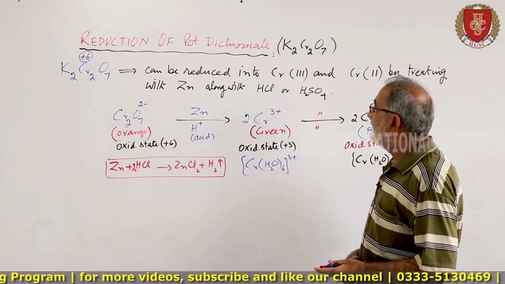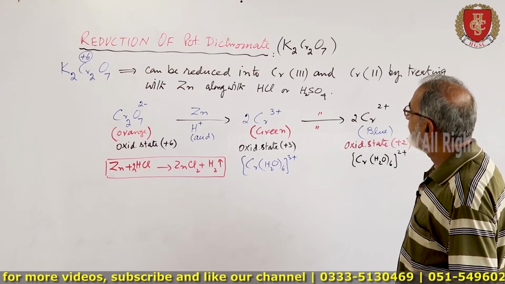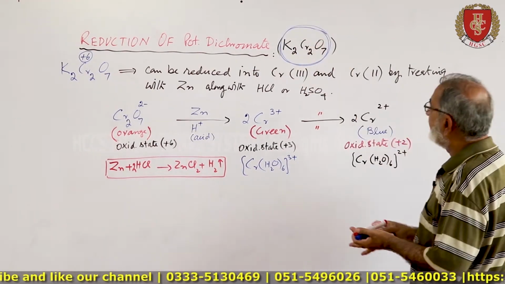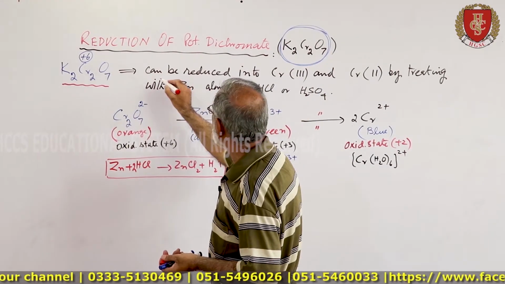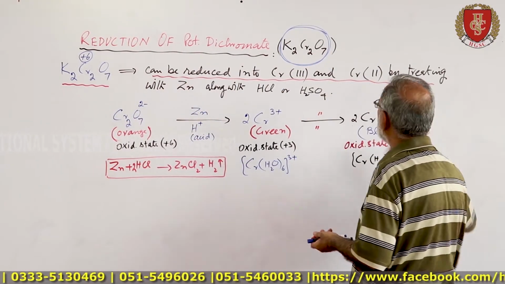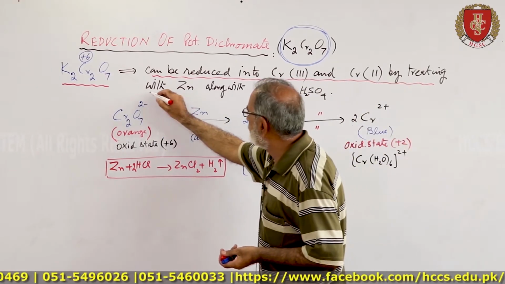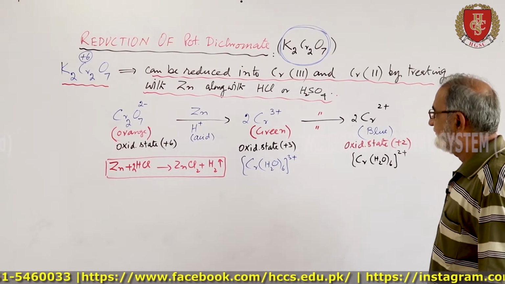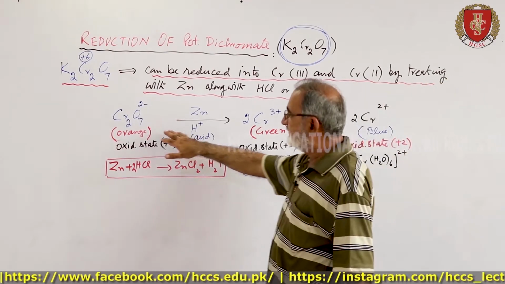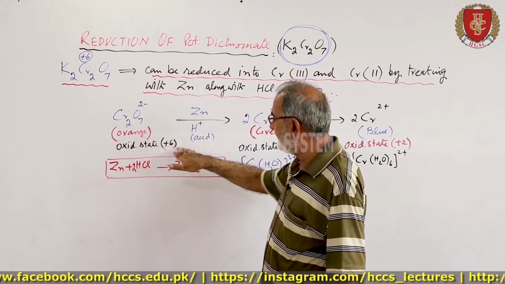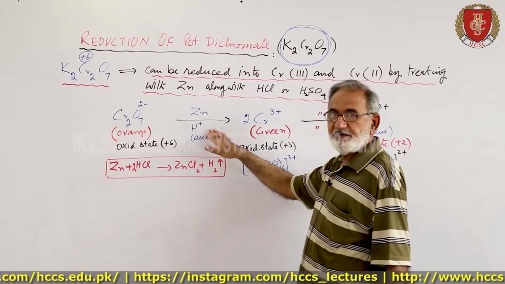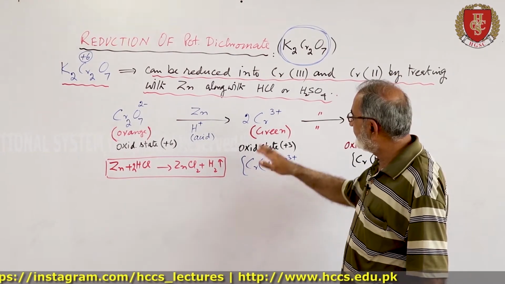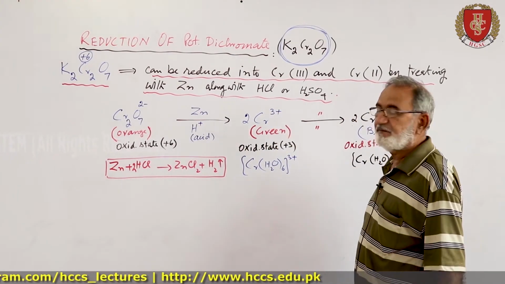So the reduction of potassium dichromate, this can be reduced into chromium 3 and chromium 2 when treated with zinc with HCl. So dichromate, orange in color with oxidation state +6, when treated with acidified zinc, or zinc with HCl or sulfuric acid, is converted into +3.